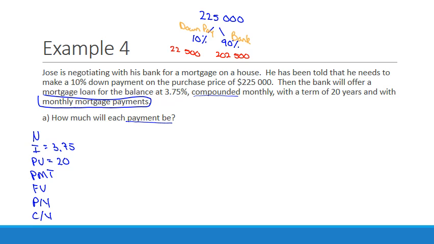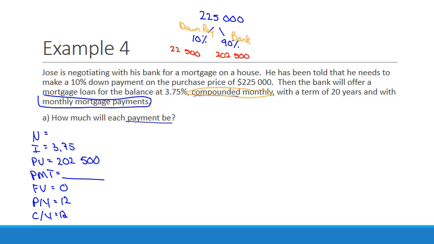The value of this loan is the $202,500, not the $225,000. We only want 90% of it. Now it says how much will each payment be, so that is what we're looking for. The future value will be 0. We're assuming we're paying it off. It's monthly mortgage payments, so it should be 12. And the wording says compounded monthly.